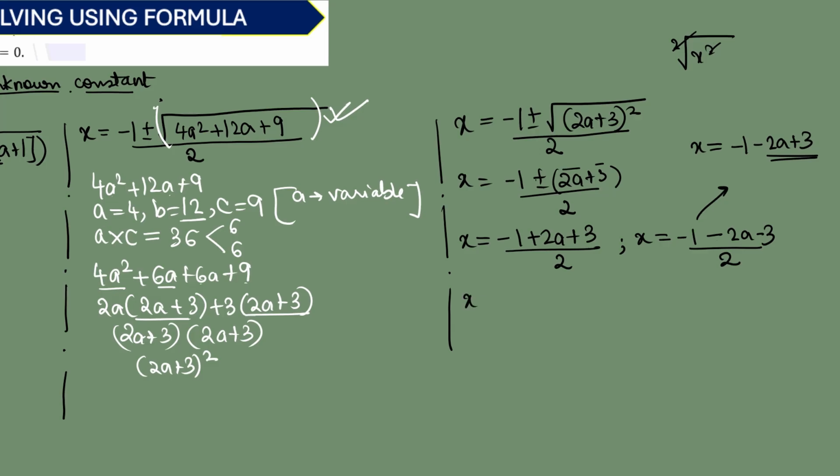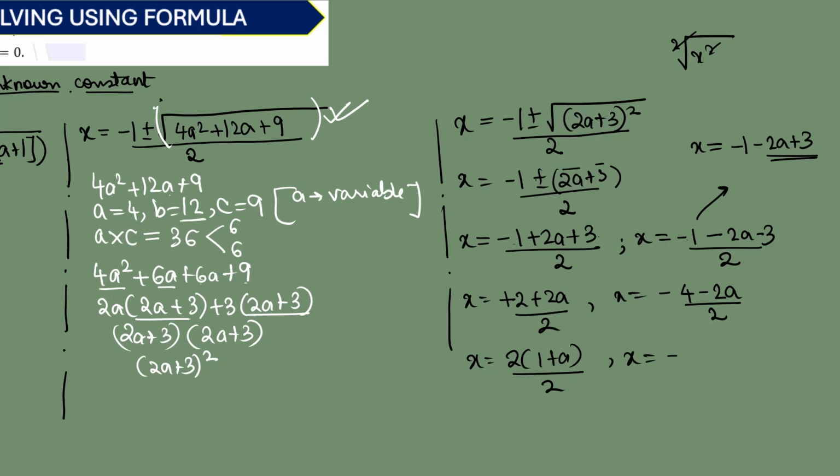Remember this. So x is equal to minus 1 plus 3 is plus 2, plus 2a upon 2. Or x is equal to, what is minus 3 minus 1? Minus 4 minus 2a upon 2. So x is equal to, let's take 2 common, 1 plus a upon 2.